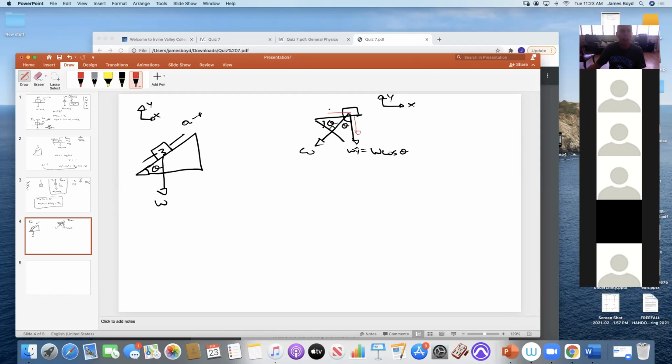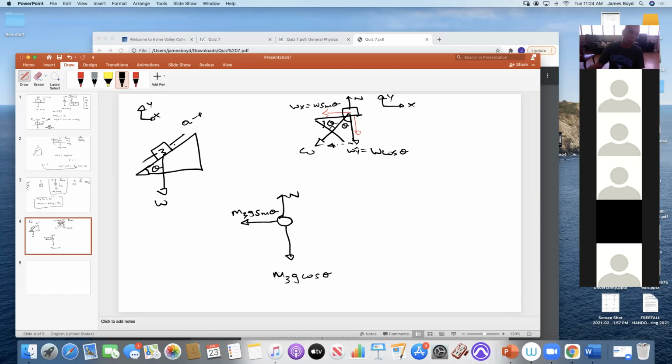And then there's also a weight in the x, which is weight sine, because it's this same vector that would point like this, right? So what we have is we have a normal force straight off the surface. We have a weight in the x, which is M3G sine theta. We have a weight in the y, M3G cos theta.